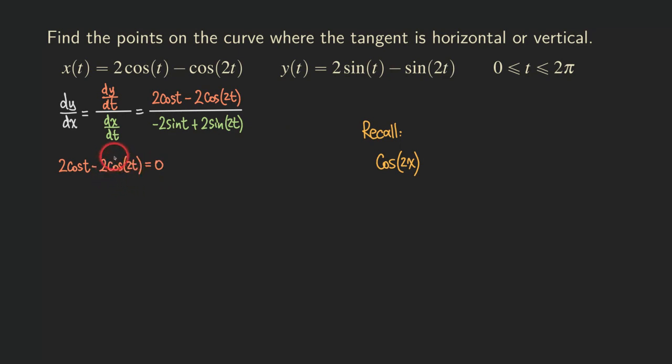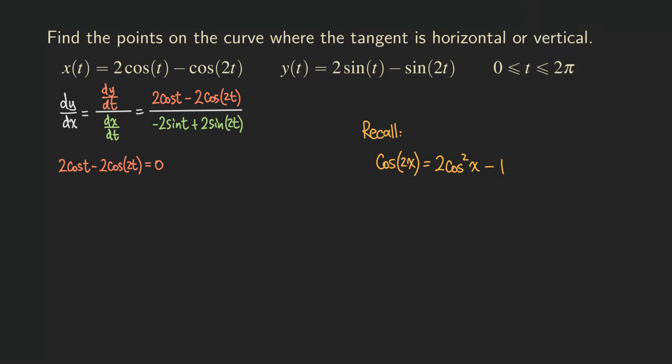So to solve this equation, we need to rewrite this cosine of 2t as a cosine function, but the argument will just be t instead of 2t, so that we can solve the equation. So we are going to recall that the double angle formula is cosine of 2x equals 2 cosine square x minus 1. And in this case, the x is just the t, right? So we can substitute this cosine of 2t by this expression right here.